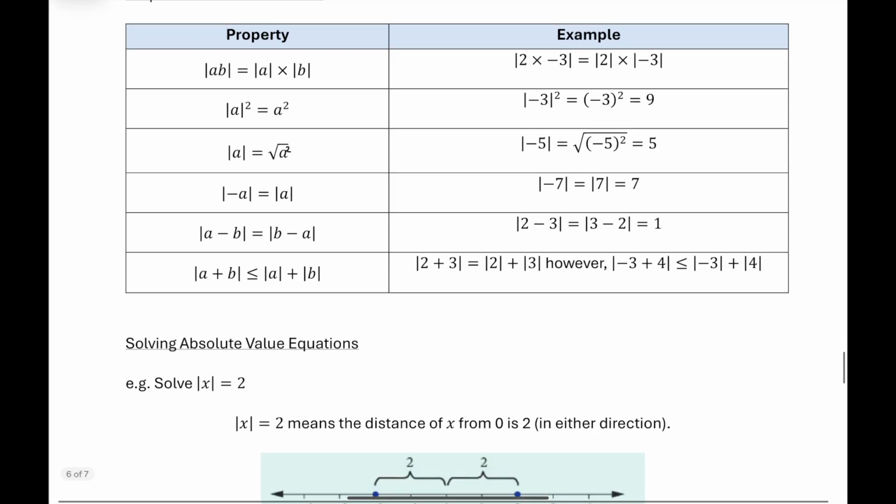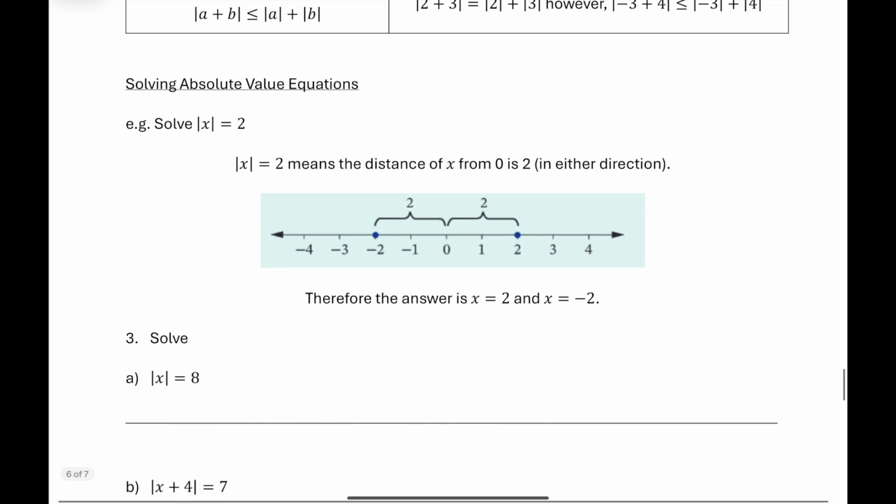Now here we're going to look at how we solve an equation with an absolute value, because notice I can get two possible answers. If I look at my first example, I have solved the absolute value of x is equal to 2. That means there is a distance of x of 2, and it means in both directions.